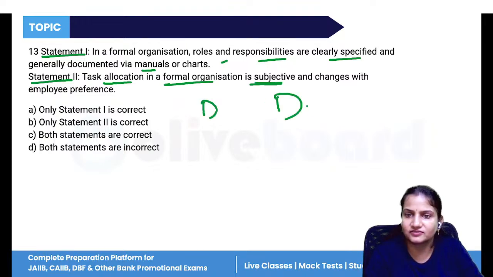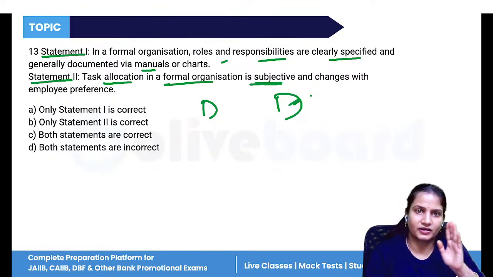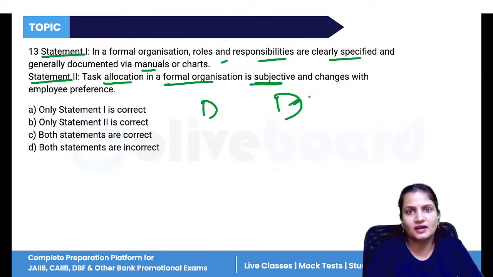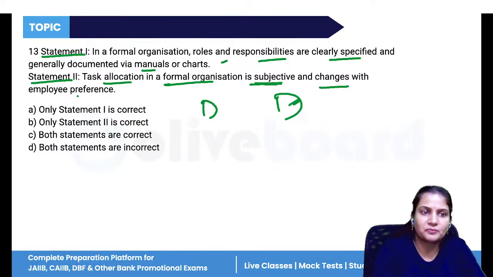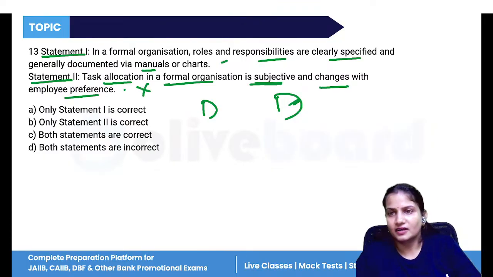Give me that task, I will go with this task. Is it possible? No. So if you are working in the formal organization, whatever task you have been assigned, that is the task that you have to follow. So task allocation is not subjective. And it changes with employee preference? No. Changes are not allowed with employee preference.